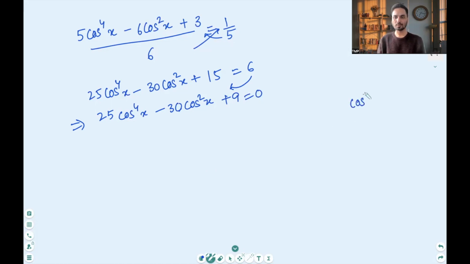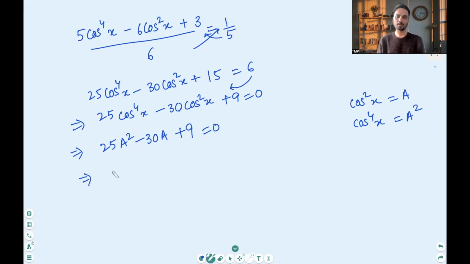And if I use cos²x as a, that means cos⁴x is a². So the equation can be changed as 25a² − 30a + 9, which is nothing but the same as (5a − 3) whole square.